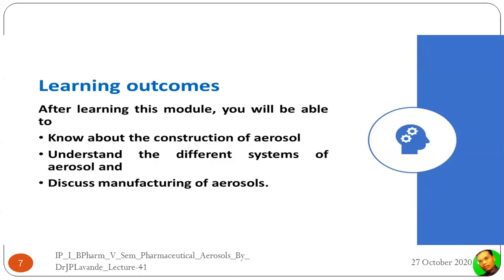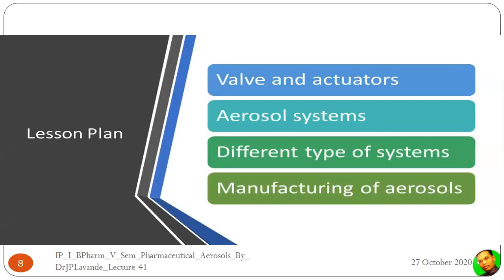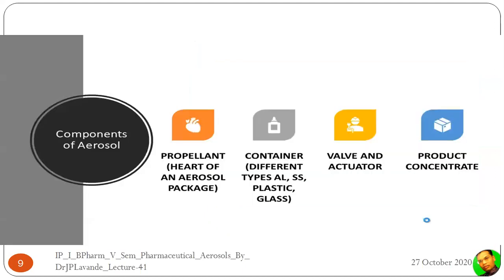You are going to understand the different systems of aerosols, and we will discuss the manufacturing of the aerosols, so you will come to know how the aerosols are manufactured. In order to achieve all these learning outcomes, our lecture plan will move through the valve and actuators, aerosol systems, the different types of systems, and the manufacture of the aerosols.